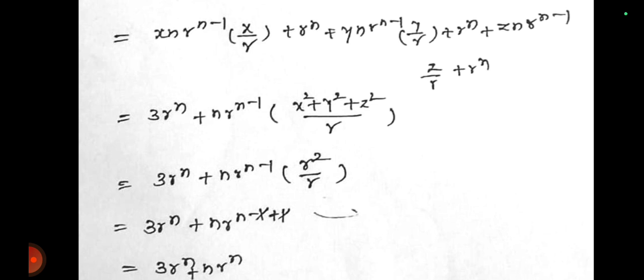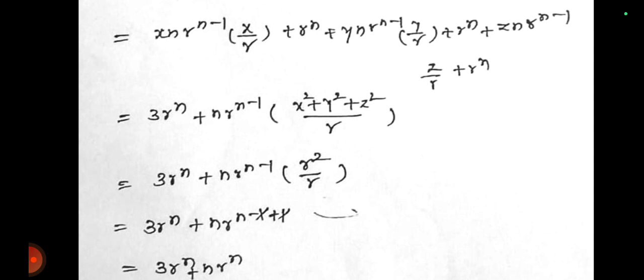Substituting, we get x n r to the power of n minus 1 into x by r plus r to the power of n, plus y n r to the power of n minus 1 into y by r plus r to the power of n, plus z n r to the power of n minus 1 into z by r plus r to the power of n.